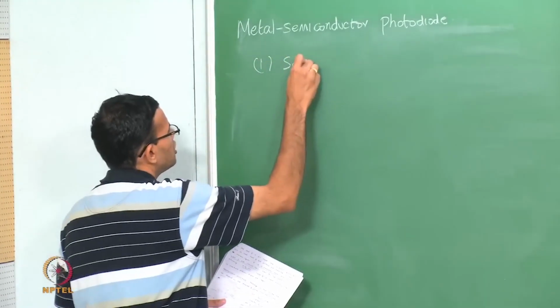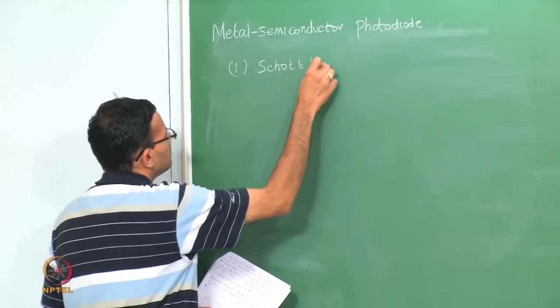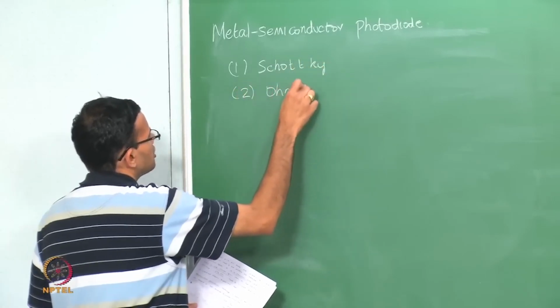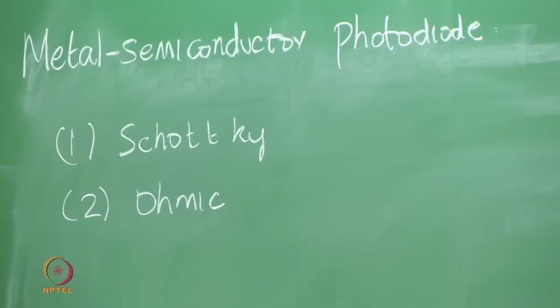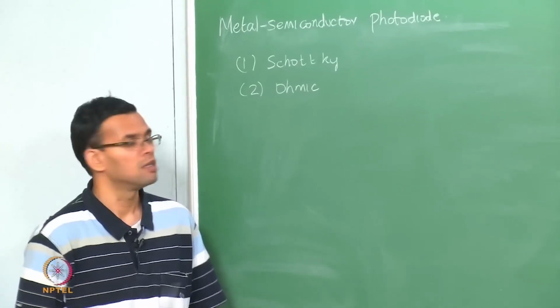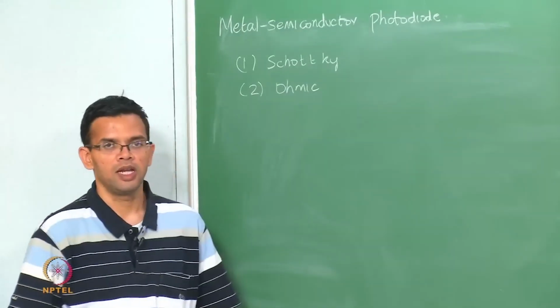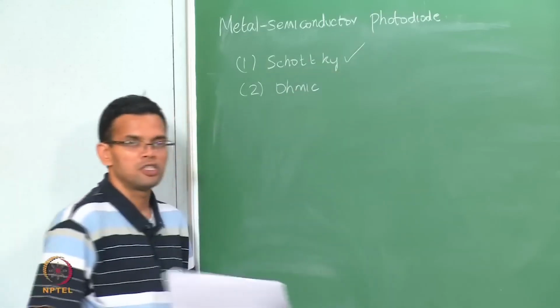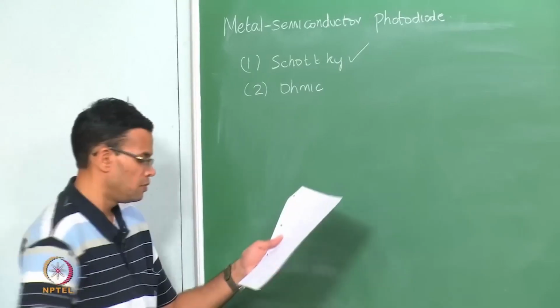One is your Schottky junction, the other is the ohmic junction. So, in the case of a photodiode, we want a depletion region so that we can generate electron hole pairs. Now, the Schottky junction is the one that has a depletion region. So, we use a Schottky junction to form your photodiode.